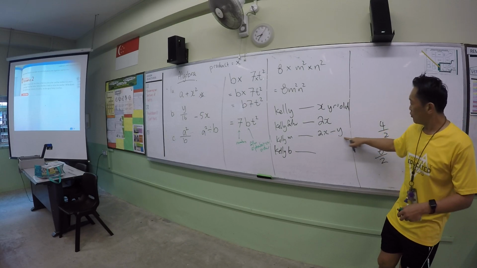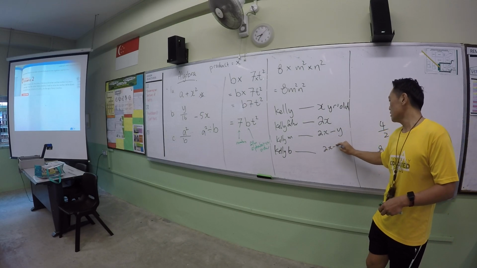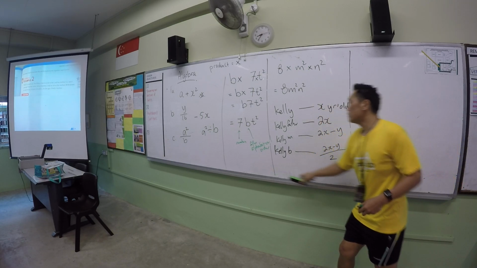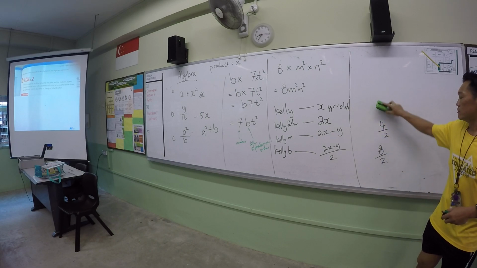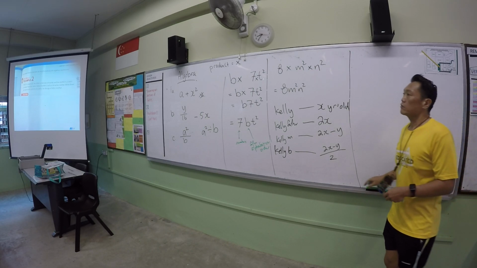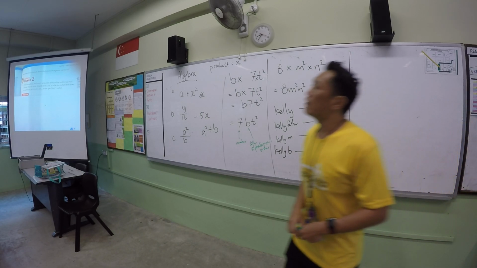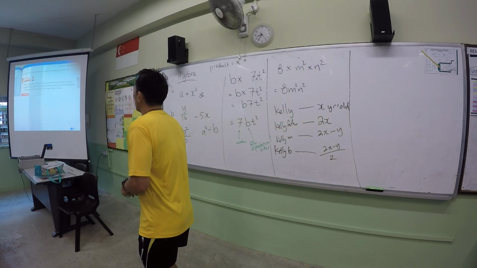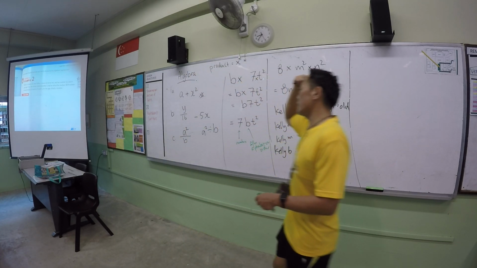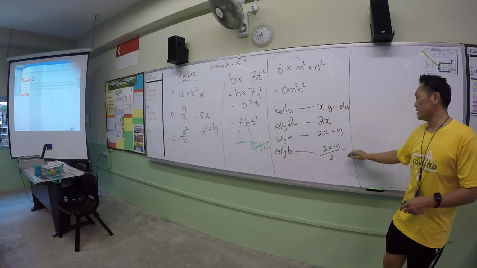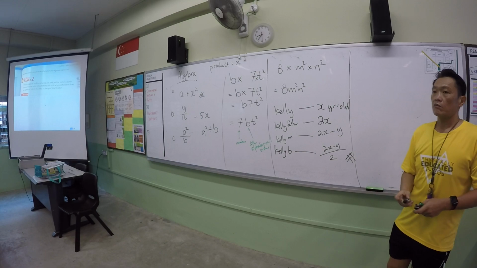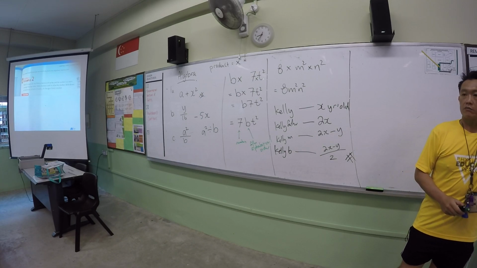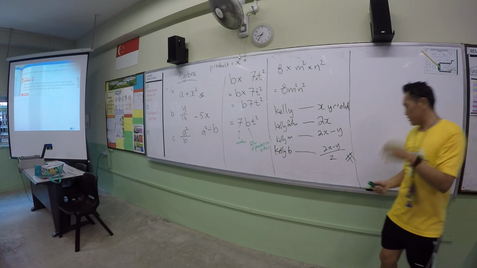Half of this whole thing is this whole thing divided by 2. Okay? Write down an expression in terms of X and Y for the age of Kelly's brother. Done already. Okay? Where got difficult?